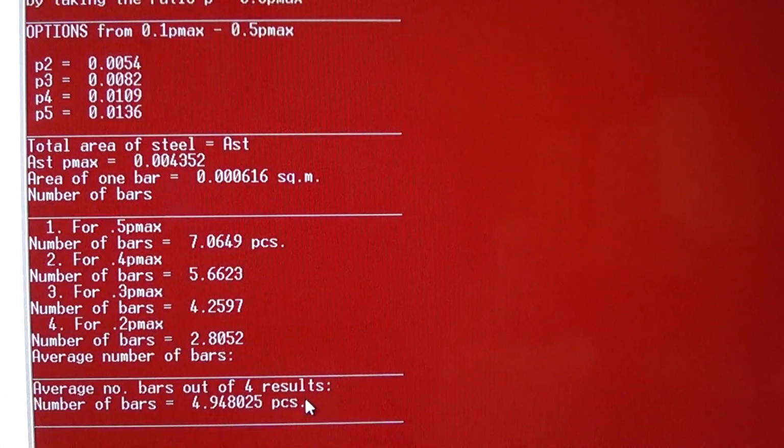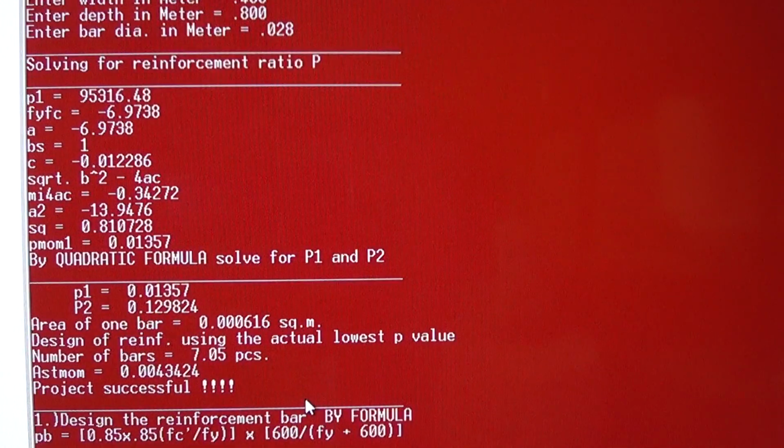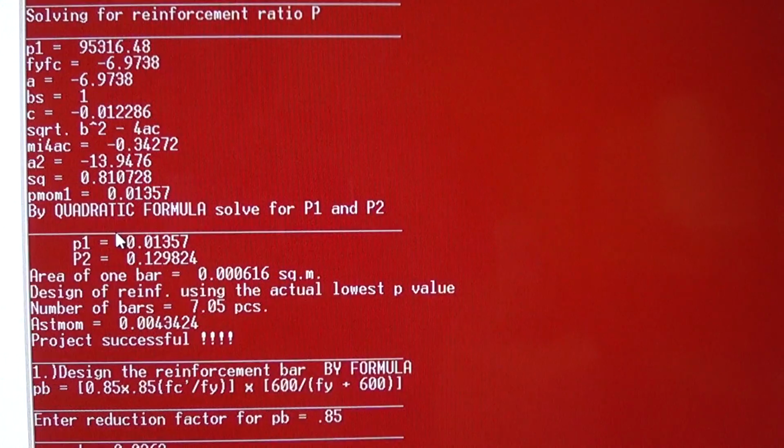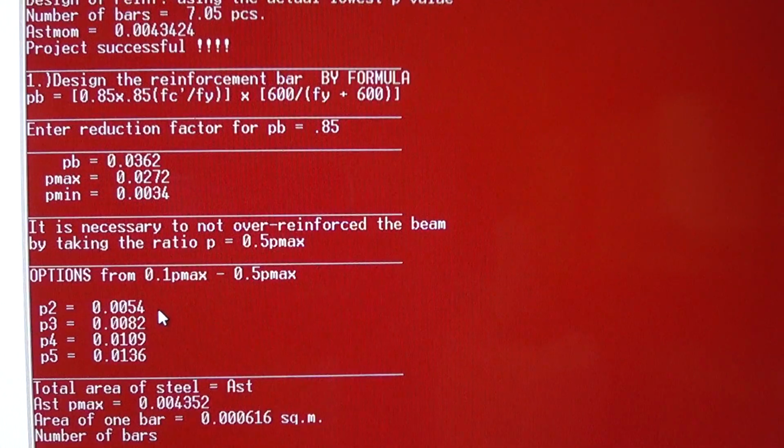Now the result from the program. The ACI code provision says that it is necessary to not over-reinforce the beam by taking the reinforcement ratio P equal to 0.5 P maximum.